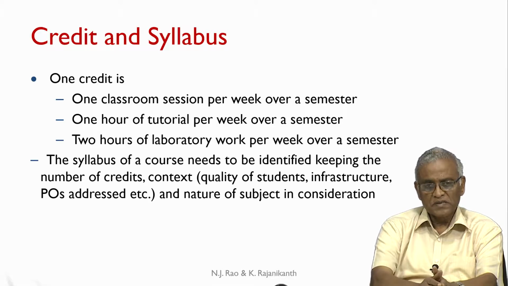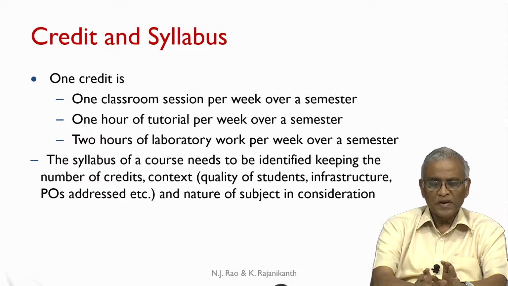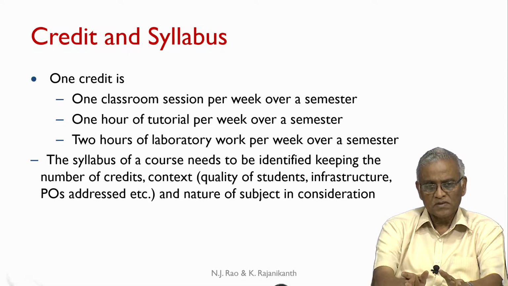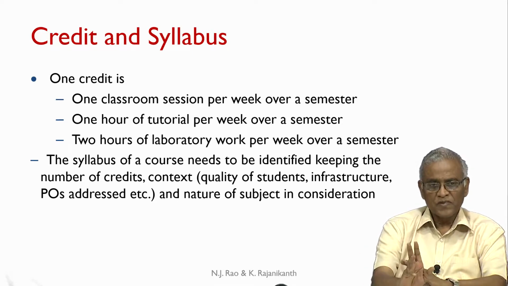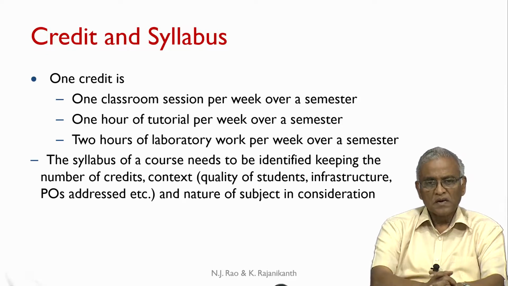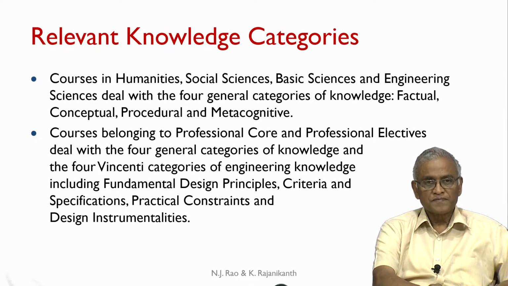If the subject is highly mathematical and also very difficult concepts are involved, or very complex procedures are involved in the course, then obviously the content will have to be accordingly adjusted, not because the subject requires that. So the syllabus of the course needs to be decided by these considerations.